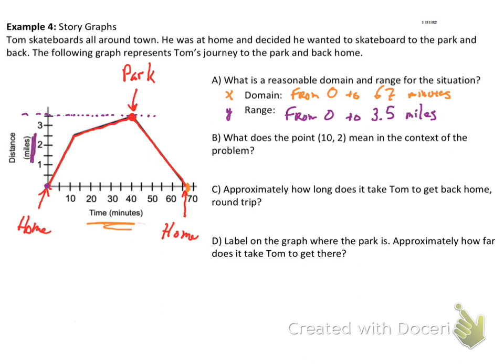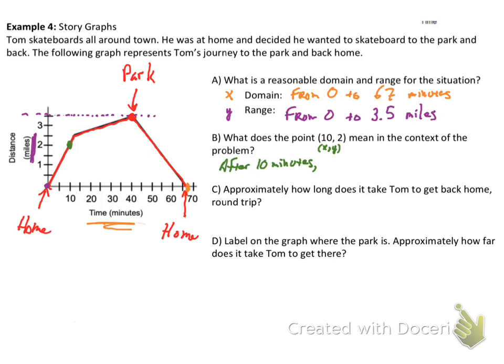All right, so now the next question is asking us, what does this point 10, 2 mean in the context of the problem? Well, remember that coordinates are going to be in the form of x comma y. All right, so 10 is going to be my x-axis, and the x-axis is time. So after 10 minutes, what does that 2 represent? So 10, 2 is about right here.